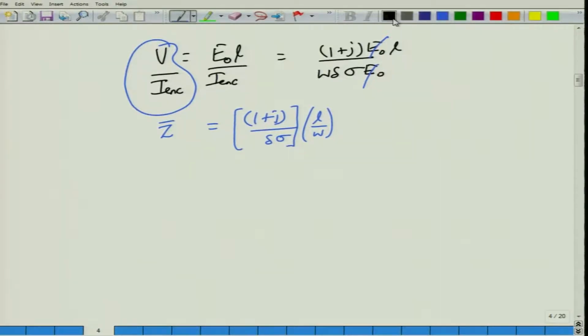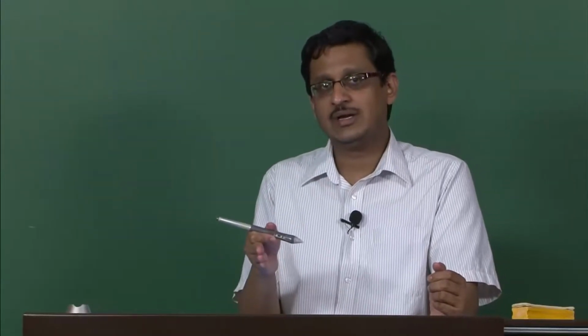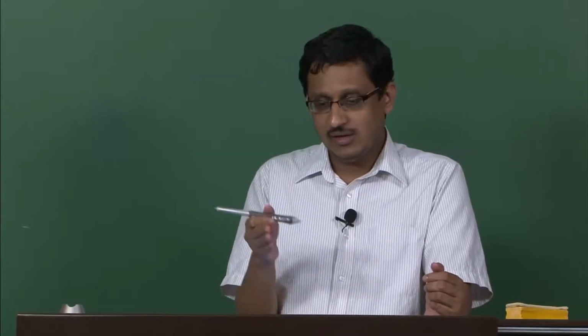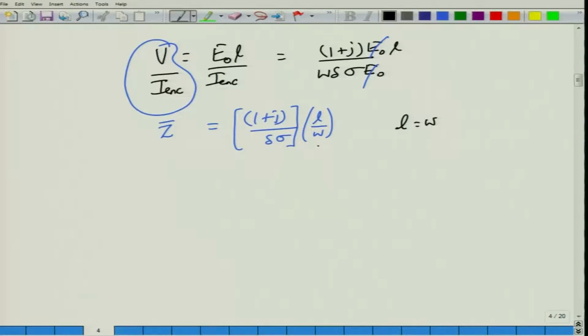So notice one thing, suppose we consider L equal to W, that is we consider the potential difference between two planes which are W apart and the current per width, or the total current of the same width W. If I consider that one and then take the ratio, since L is equal to W, this quantity will be equal to 1, and what I obtain is a complex quantity (1 plus j) by delta sigma, and this is called the square resistance.